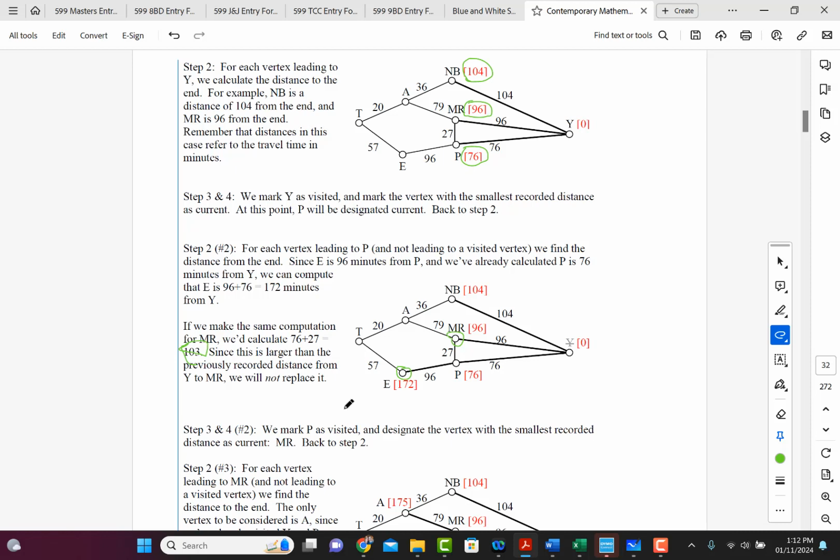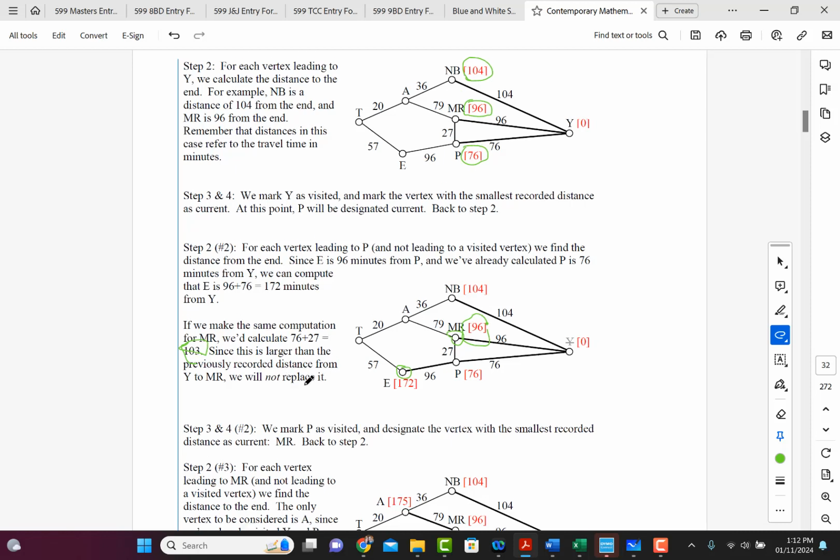Now, since this is larger than the previously recorded distance, because remember, we calculated MR as 96 from Y, if we go the new route, that's going to be larger than just going direct to MR. So we're not going to replace it. We're going to leave that alone.